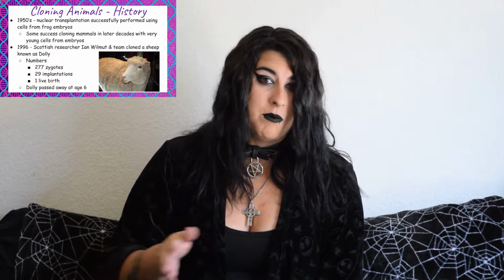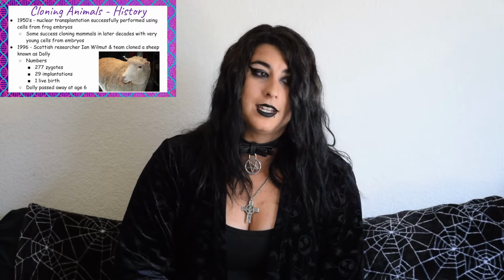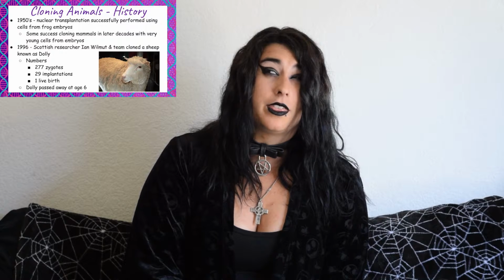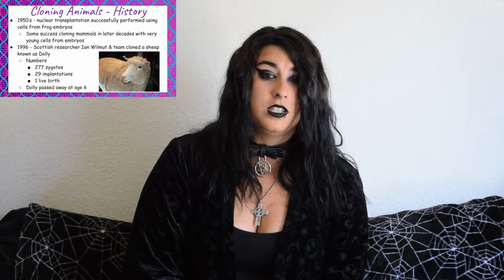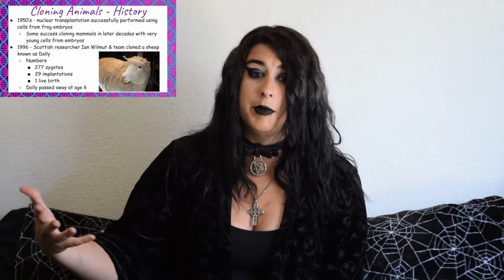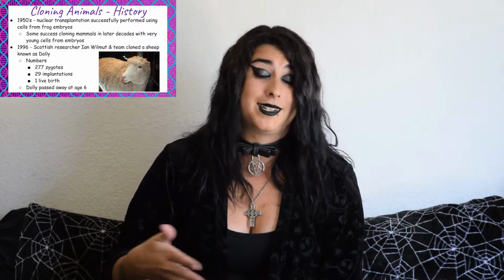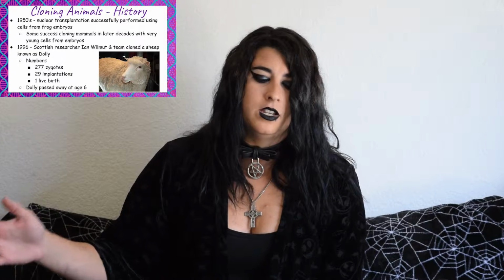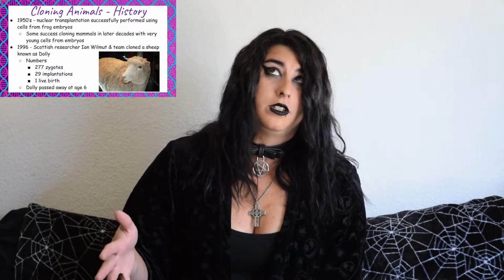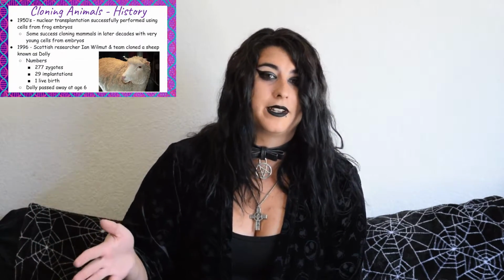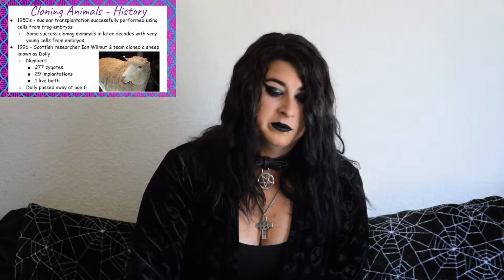And Dolly did pass away at the age of 6. She had complications from, I think, a lung disease that's actually much more common in older sheep. And for her particular species, life expectancy is 12 years old. So that was one thing. She didn't survive as long as you would expect a sheep to survive.